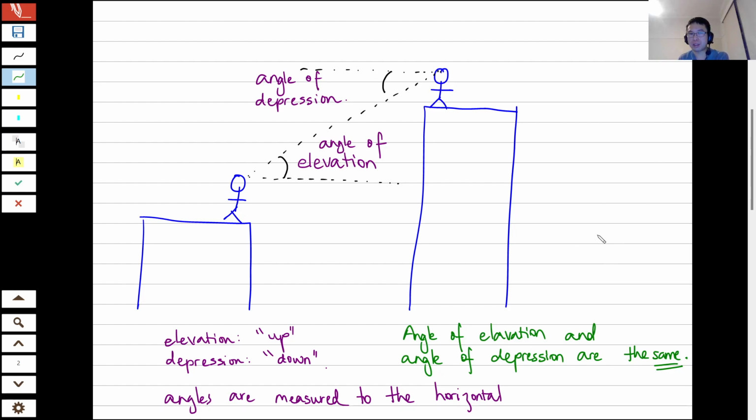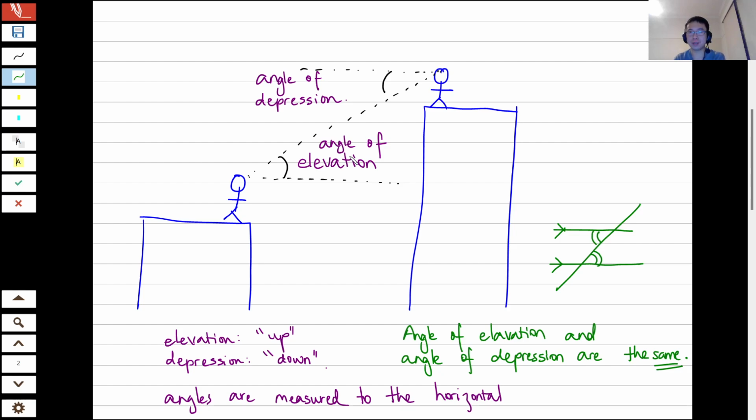The reason they're the same is because of a property that you meet in year 8 geometry: if I have two parallel lines, angles labeled like such are equal. I believe this is called the alternate angle property. So this diagram here in green is actually what's happening here, and that's why the angle of depression and the angle of elevation as shown are the same.